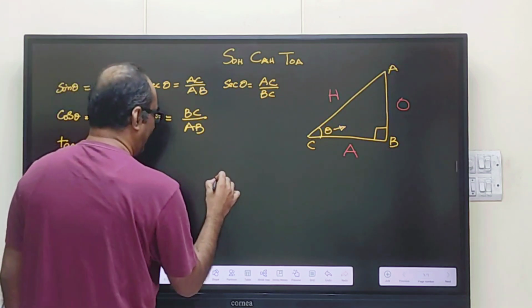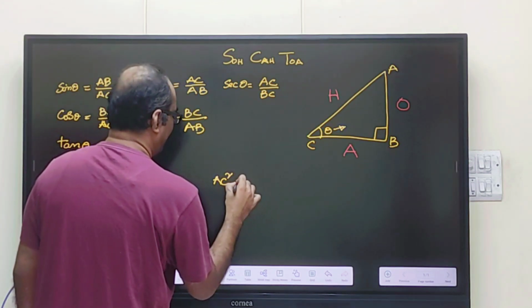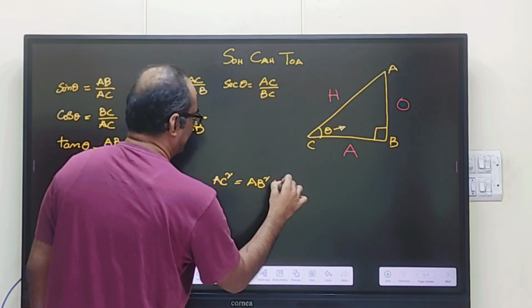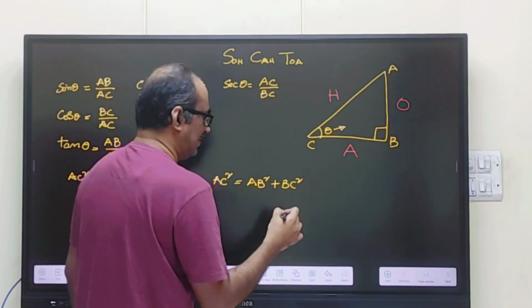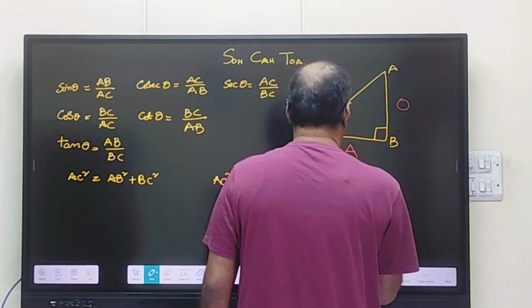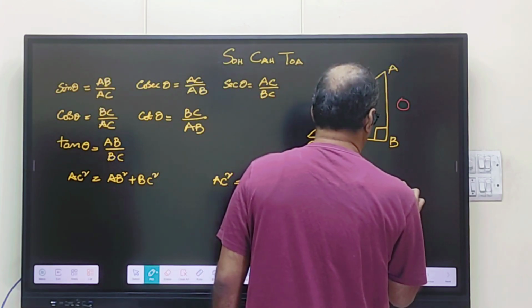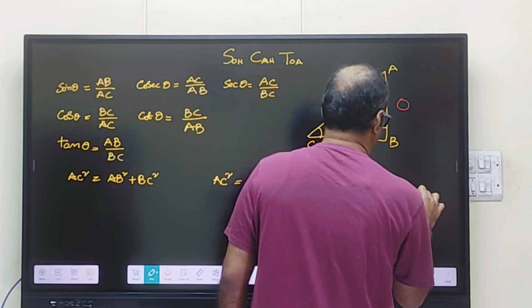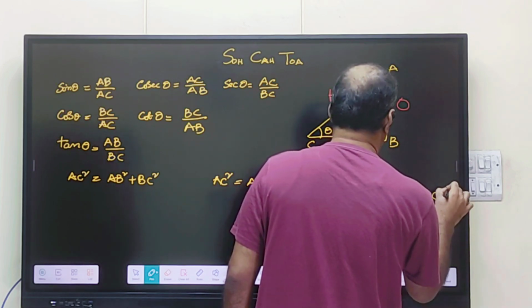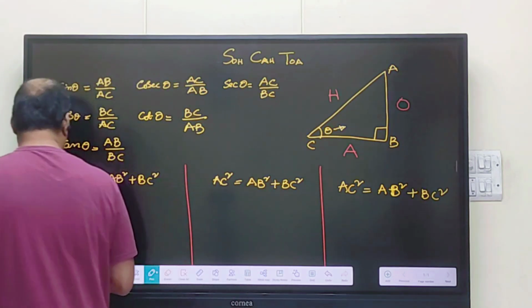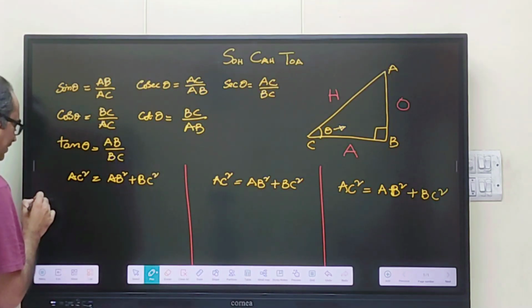We'll write it 3 times so that we derive 3 of the identities. In the first one, we will divide by AC square.